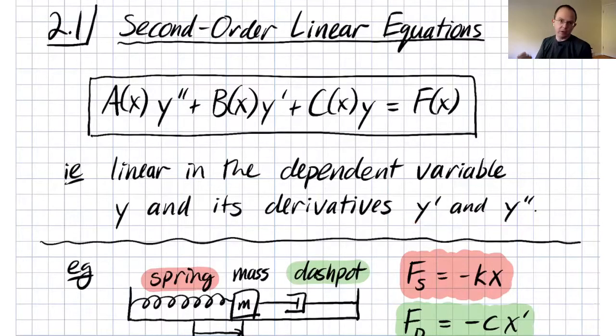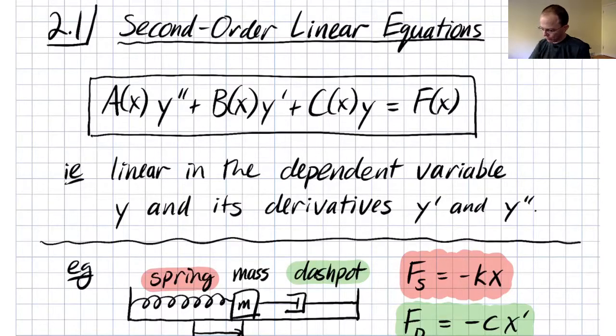Now that we're doing second order differential equations, we're going to be looking at differential equations that involve the second derivative as well as the first derivative. So this is really a completely different type of differential equation than what we're used to.